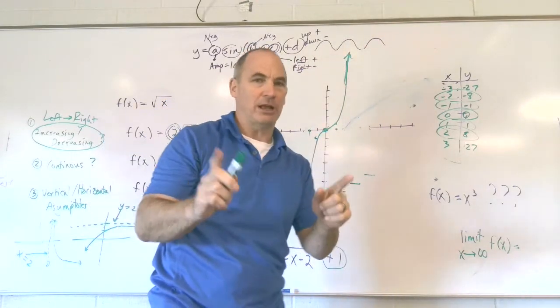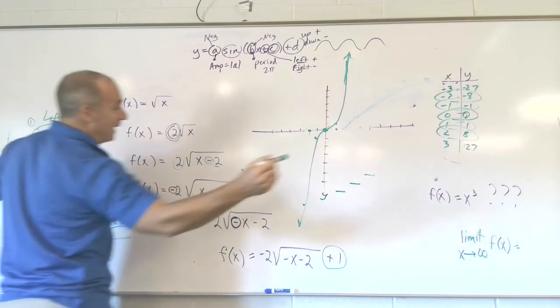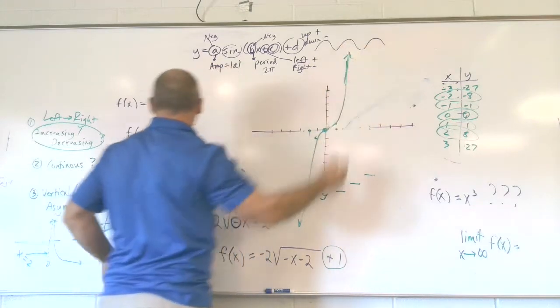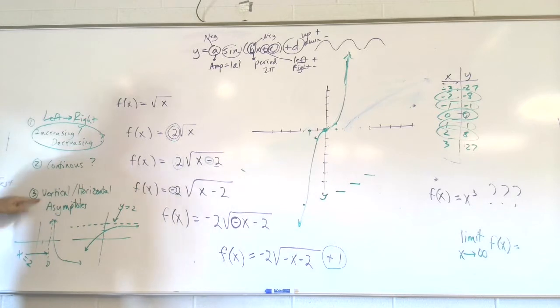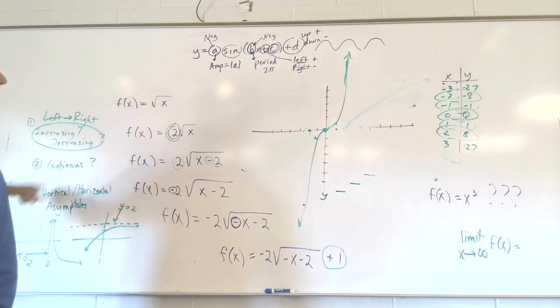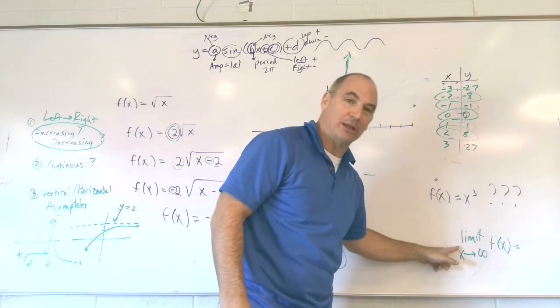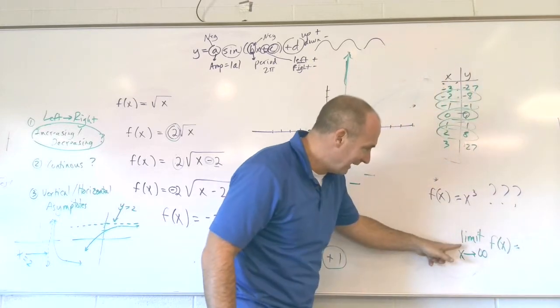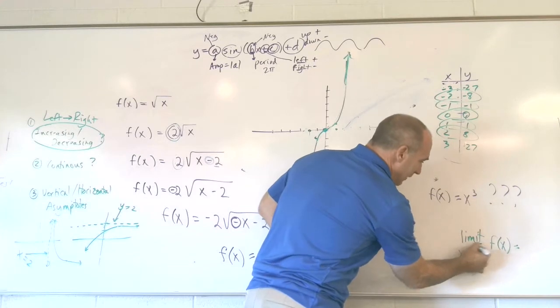Now let's go through our little checklist. Increasing or decreasing? Well, if I pick any spot on the graph and I move left to right, increasing. Is it continuous? Pretty obvious, yes. Vertical asymptotes or horizontal asymptotes? Nope. All right. Now, the last little intricate moment here is different. This is saying, what's the limit?